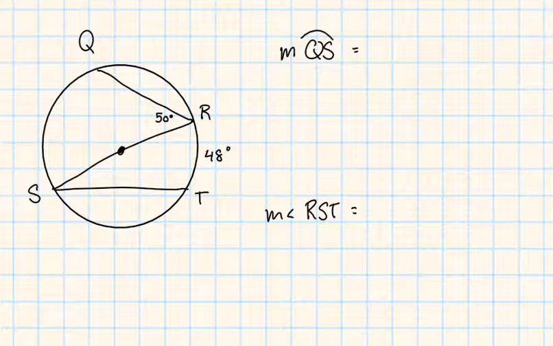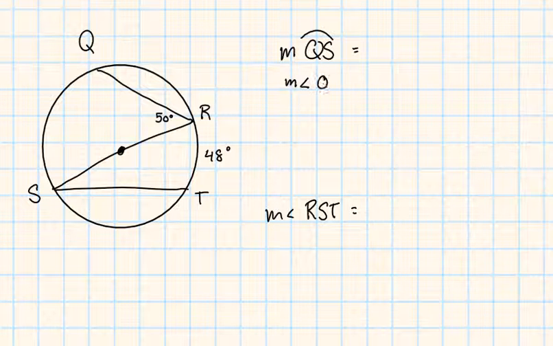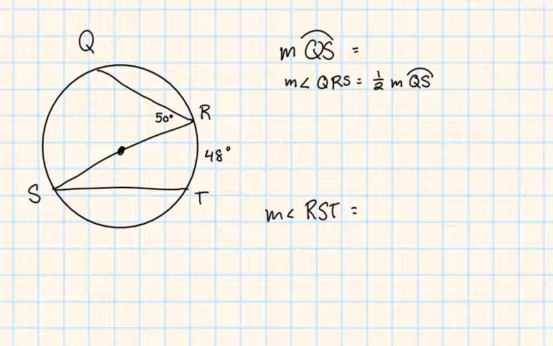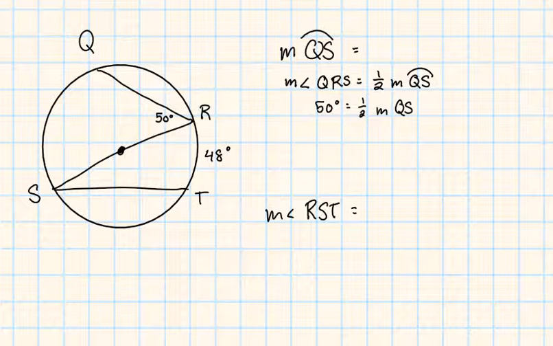So if I were to fully write out my equations, the measure of angle QRS equals 1/2 the measure of arc QS, and if I fill in my measurements, I would know 50 degrees equals 1/2 the measure of arc QS.